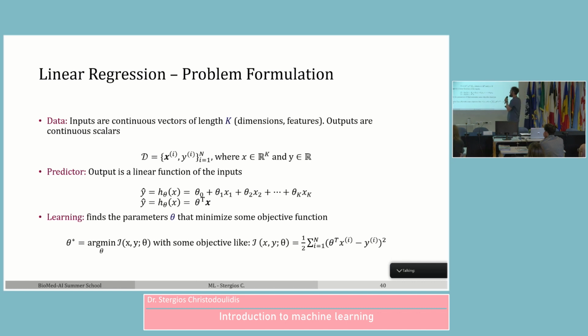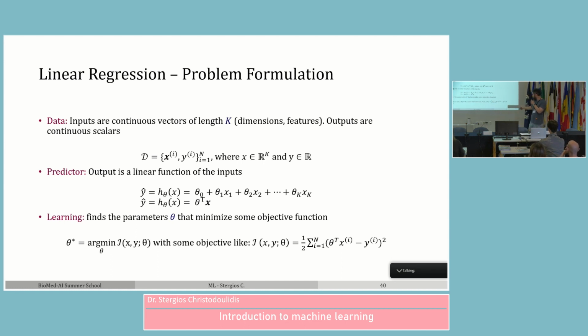And then the task is that the learning aspect of it is hidden here. The idea is that you want to define some kind of metric or some kind of loss, as it is called, that at every time captures how close your prediction is to your true value, to what you want to predict.